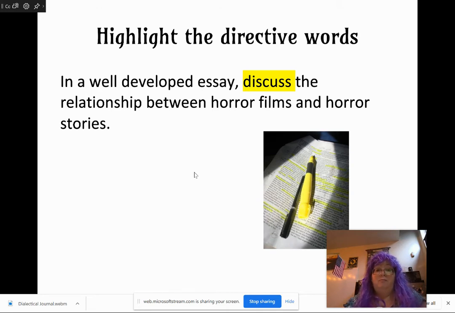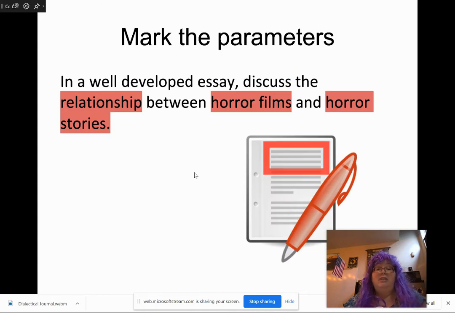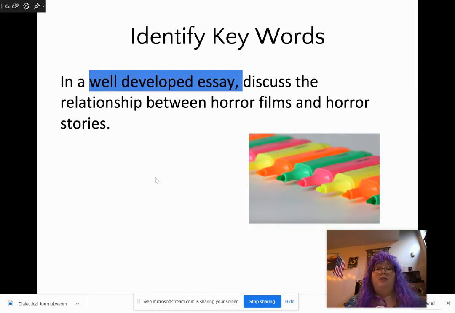The next thing we do with the prompt is we mark the parameters. What are the items that have to be in the essay or the writing piece? So we have to look at the relationship between horror films and horror stories. After you've marked the parameters, then you identify the key words. What is the product going to look like? Here we're going to have a well-developed essay, right?